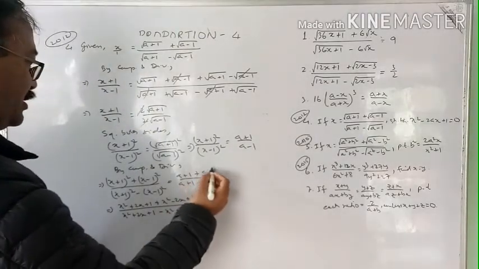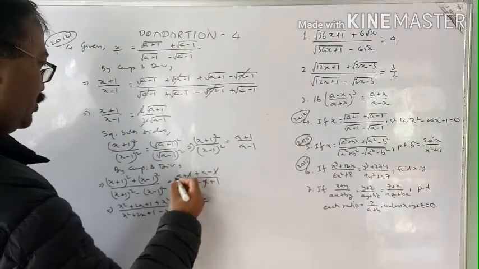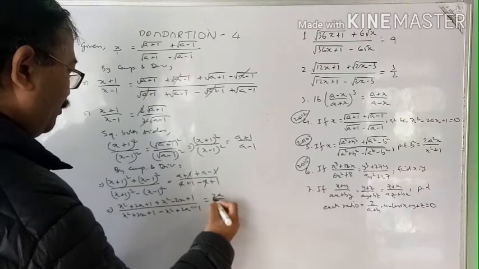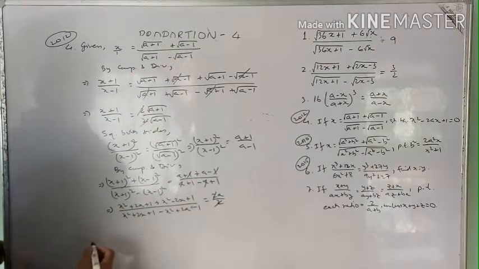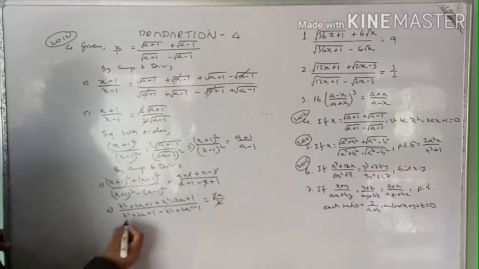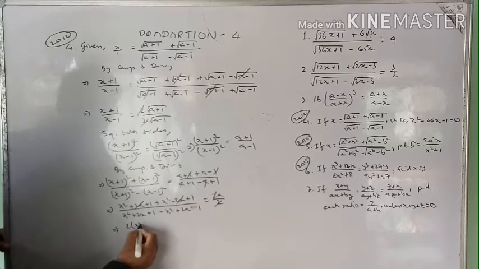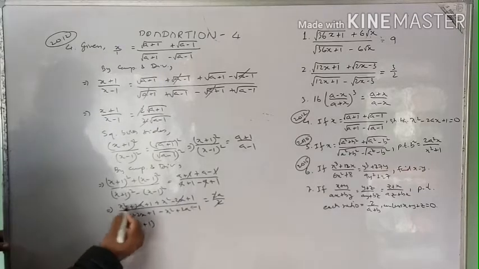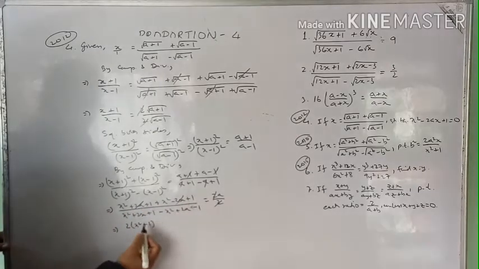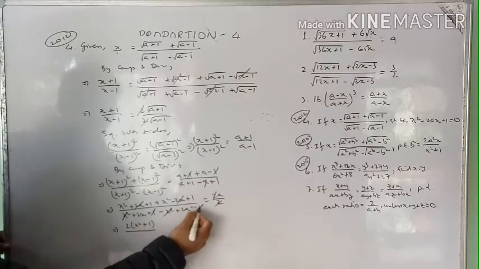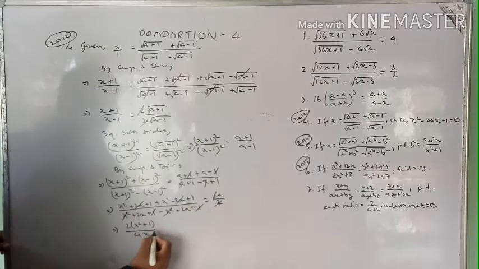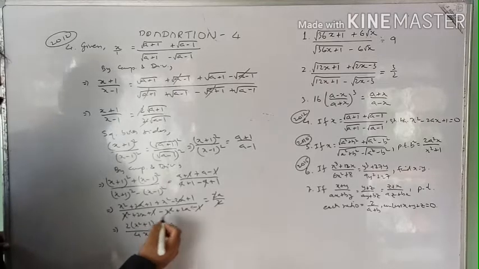So here 1 got cancelled, a got cancelled, so it will be 2a by 2. So 2 also you can cancel. If you simplify, here 2x get cancelled, so you get twice x square plus 1, because here x square twice and 1 plus 1 also 2, so 2 can be taken common. Then x square got cancelled, 1 also got cancelled, so 2x plus 2x will be 4x is equal to a.